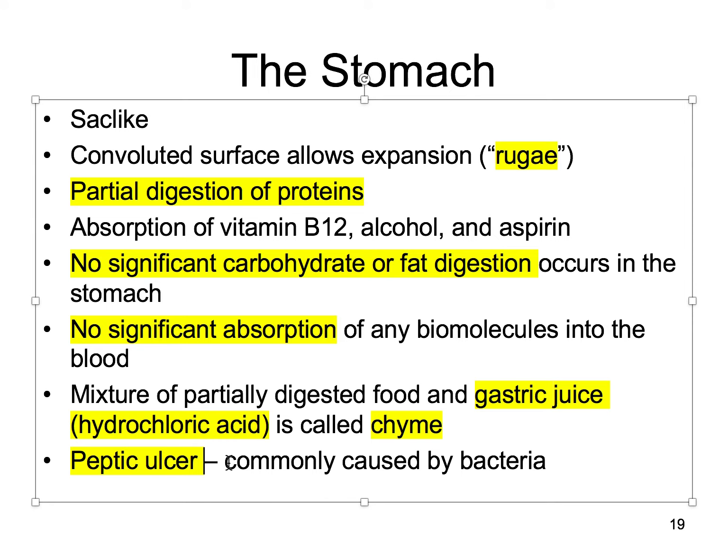This is usually caused by a bacterial infection, usually Helicobacter pylori. And these ulcers are just regions where there's no mucus left on the stomach, and so the acid is burning against the physical wall of the stomach and leaving a painful sore. And this manifests as just really unpleasant stomach pain.